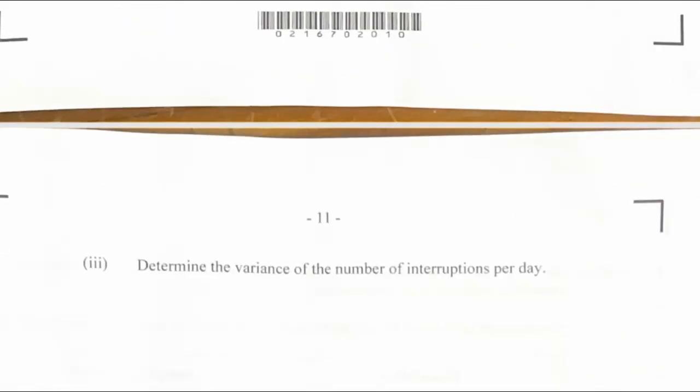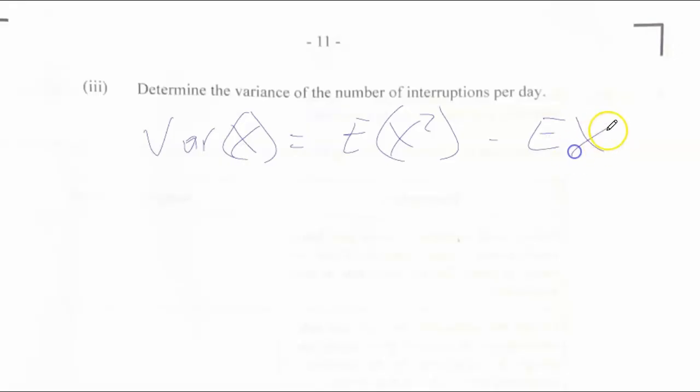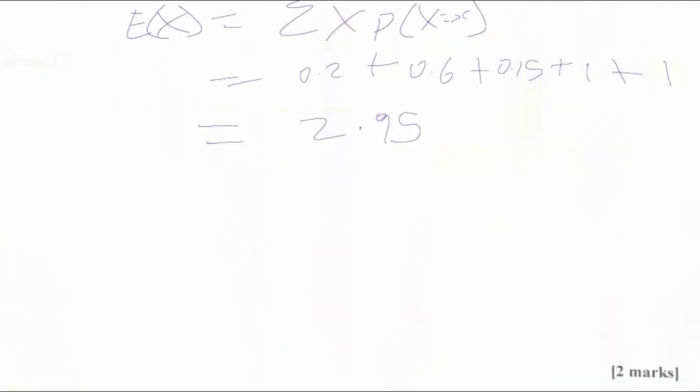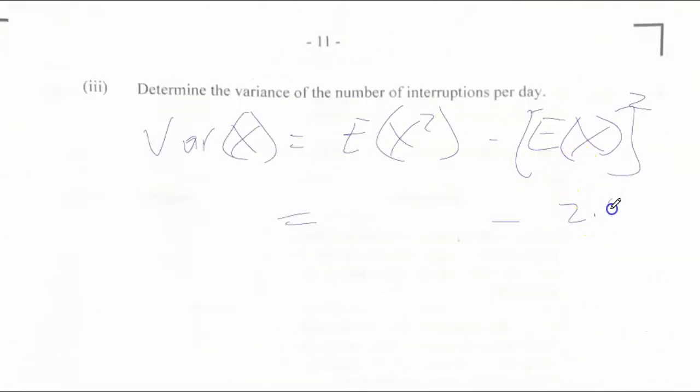Next, we're asked to find the variance. So the variance of X is E of X squared minus E of X all squared. Now we already found E of X, which was 2.95. So we have a second part there. What we need to find now is E of X squared.